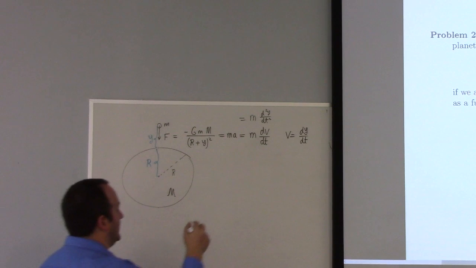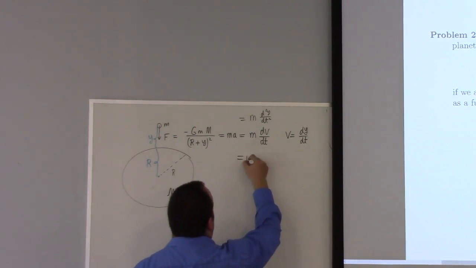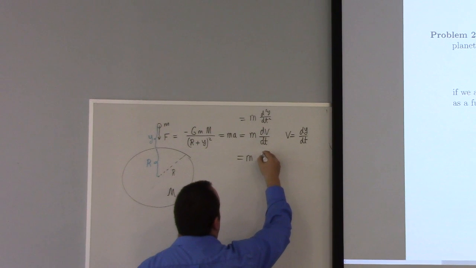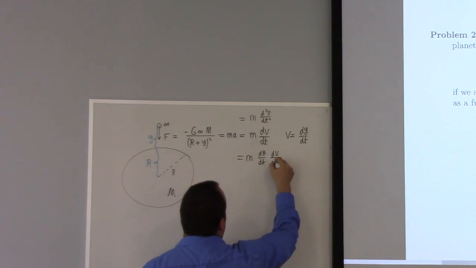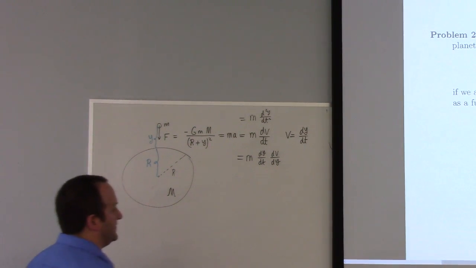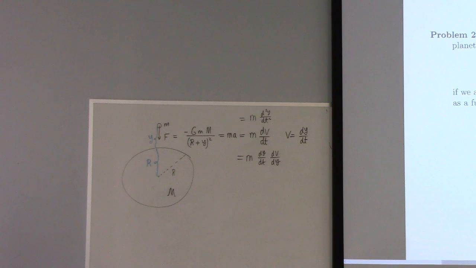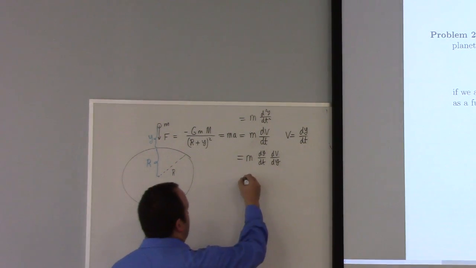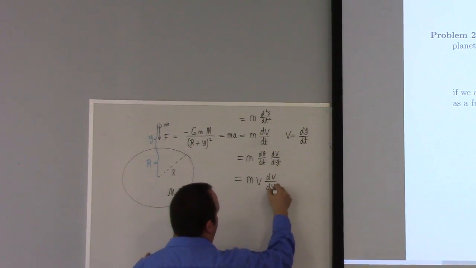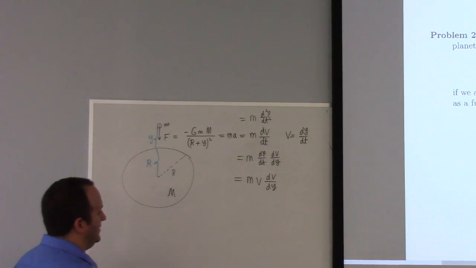But the cool thing is, we can use that this is m, and this is true because the motion's one-dimensional. The chain rule applies here. We've got dy/dt, dv/dy, right? Because the motion's vertical, I can reparameterize the velocity in terms of the vertical position just as well as I can parameterize it in terms of time. And so what this gives us is m v dv/dy. But look at that.